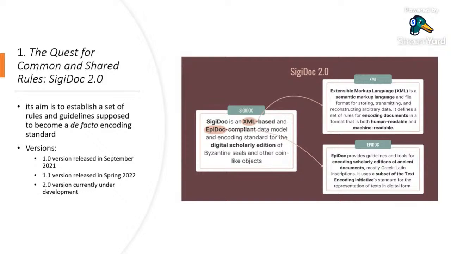It's a semantic markup language. This means that it is interested in the meaning of the data coming, in our case, from a Byzantine seal. It is less interested in the appearance.